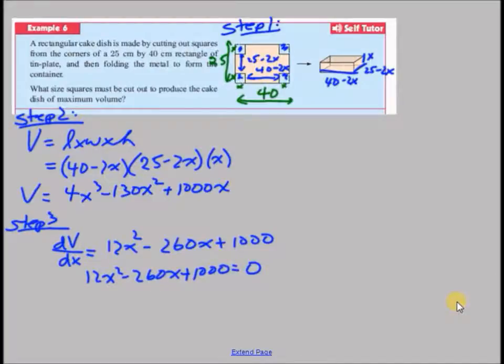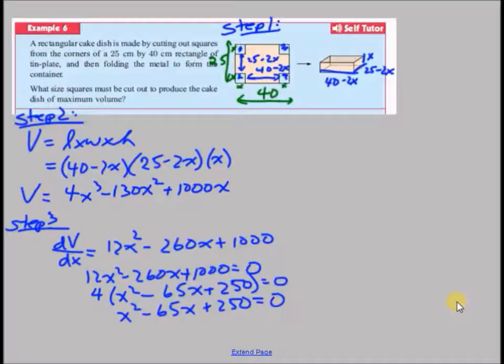This is a quadratic. We're going to factor out a 4. If we divide both sides by 4, 0 divided by 4 is still 0, so we have this.